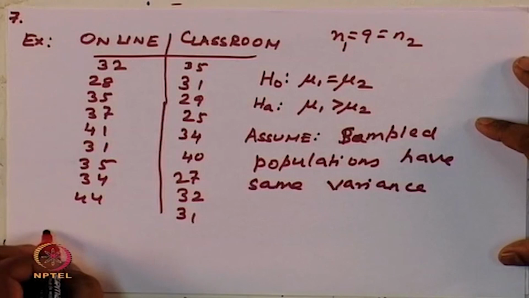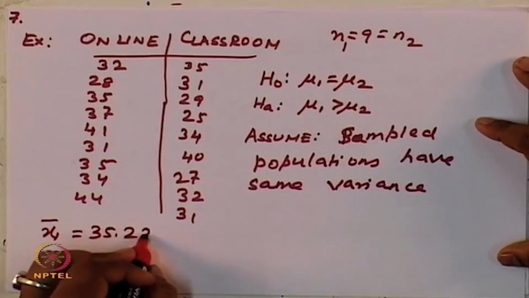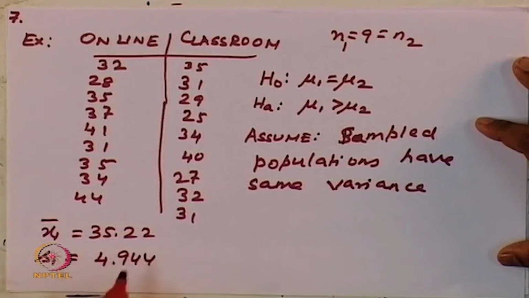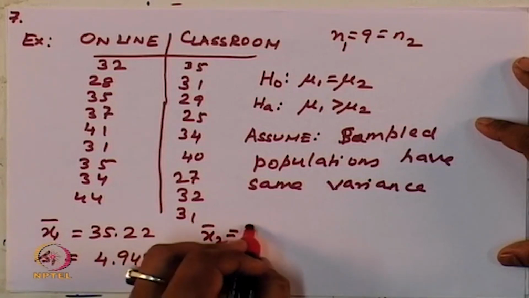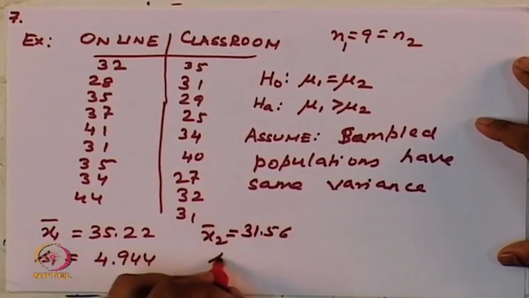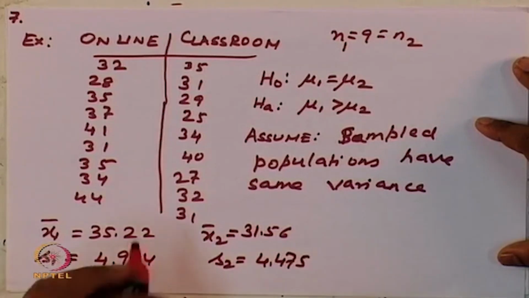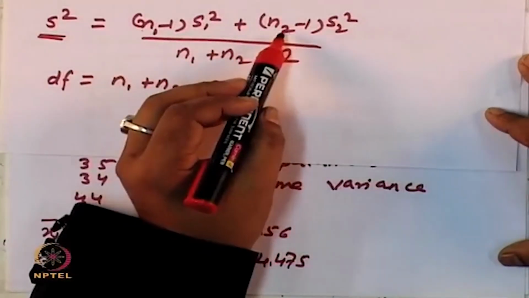So, for this I can calculate x1 bar as 35.22 and S1 as 4.944. For this population, accordingly I can calculate x2 bar as 31.56 and S2 as 4.475. Now, using this expression, you know n1 and n2 both of them are 9.